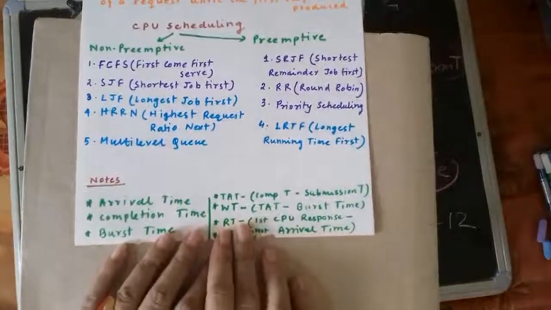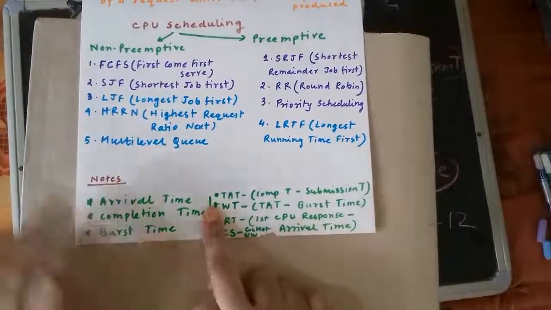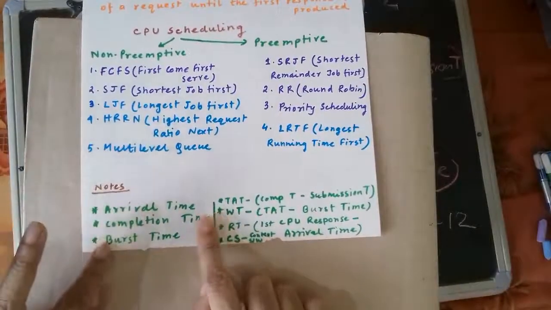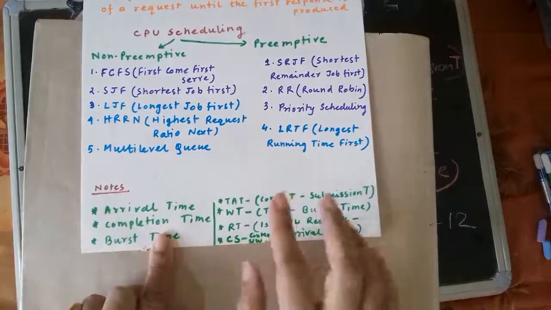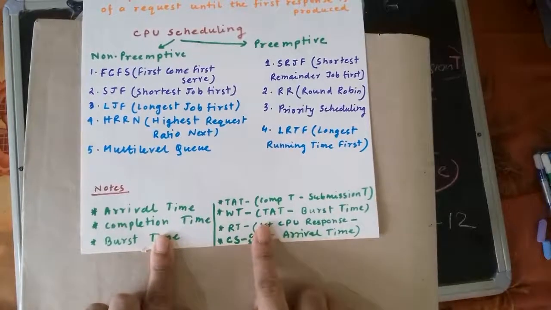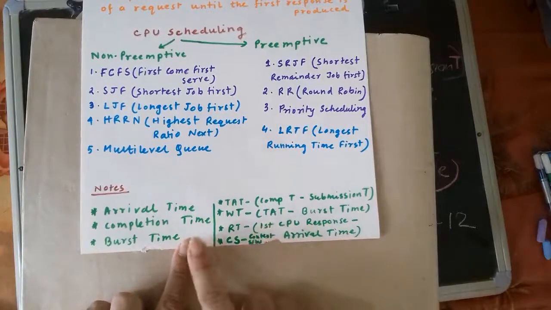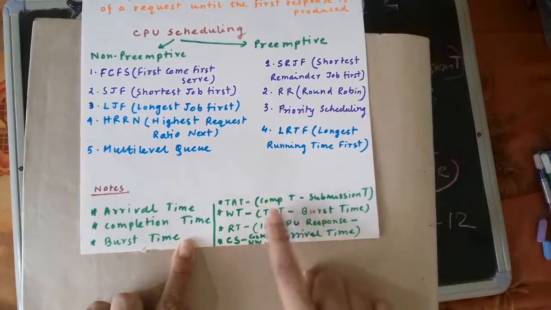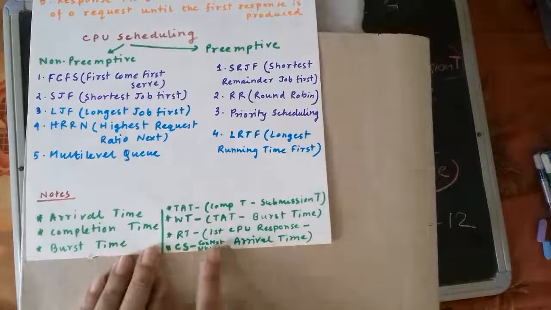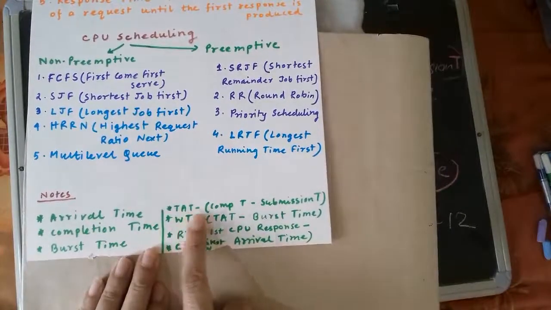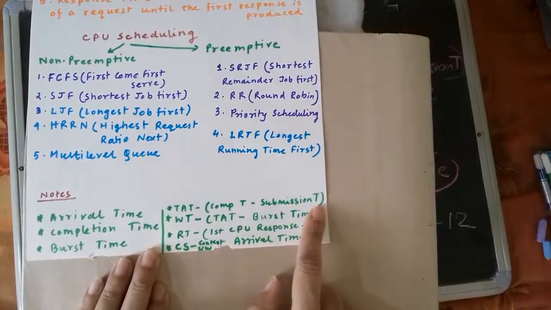And here a few things I have noted down, like what are the things you need: arrival time, completion time, burst time. Burst time I have already explained. It is the actual execution time. A few things you should note down. Turnaround time is completion minus submission.